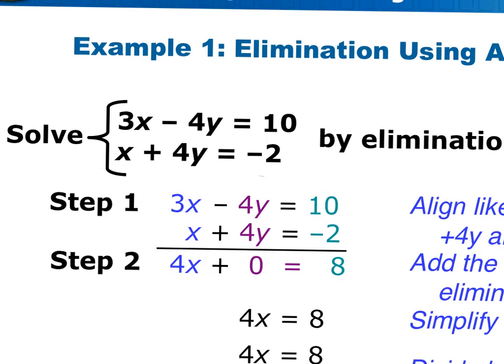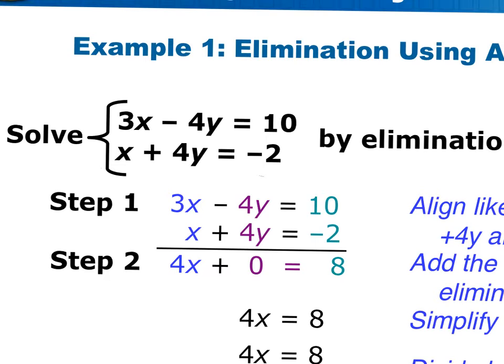Sometimes we're going to have to multiply the equation by a number to make it the same. But at the beginning, they're already going to be the same numbers, and it's going to be super easy. So notice, once you have one positive, one negative, I'm going to pretend like I'm adding straight down. I'm going to add my x's, I'm going to add my y's, and I'm going to add my numbers.